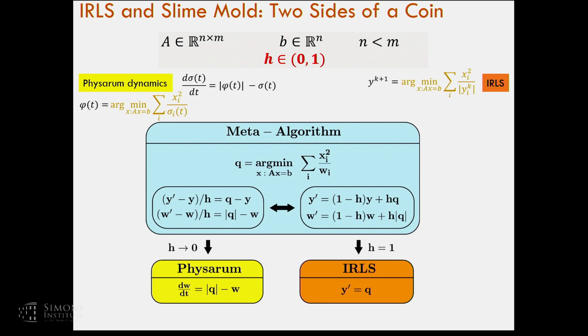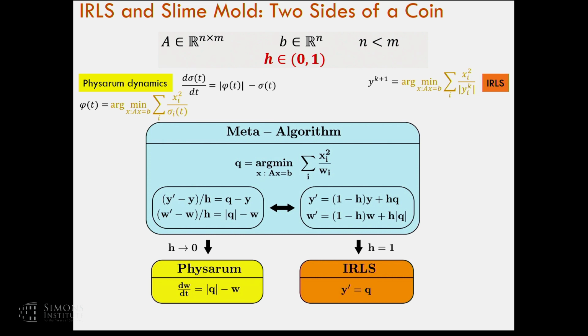And now, once you see this algorithm, you can see that a projection of this meta algorithm onto the w variables gives you exactly the Physarum or the slime mold dynamics, and the projection of this dynamical system onto the y variables gives you the IRLS. So we have this dynamical system which consists of twice as many variables, and it projects in two different regimes to these two.